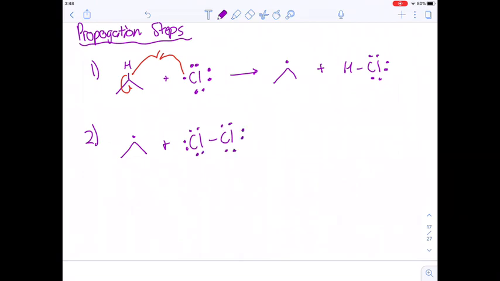Okay, so that's step 1. Step 2 is now replacing the radical with the halogen, and you use Cl2 in this step.